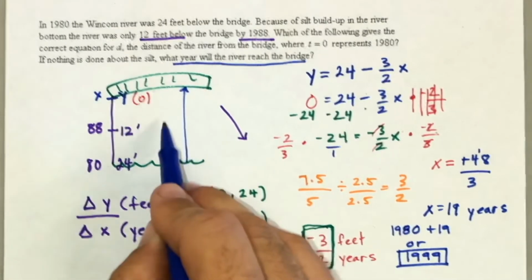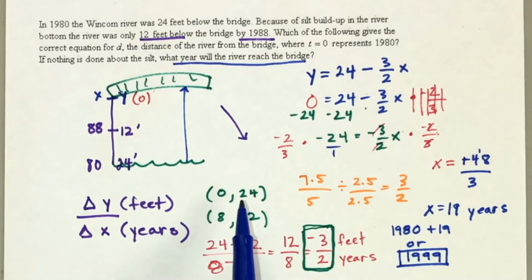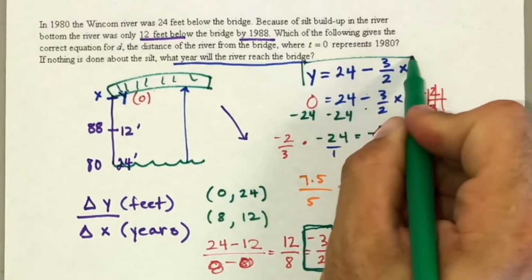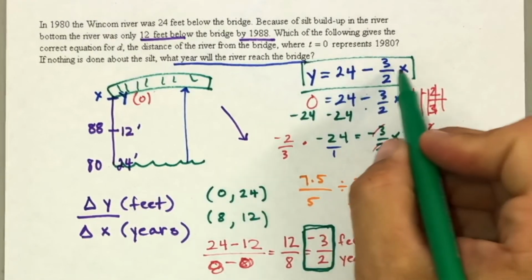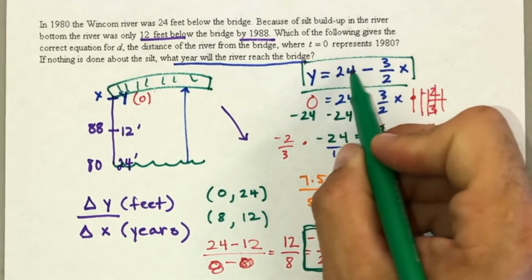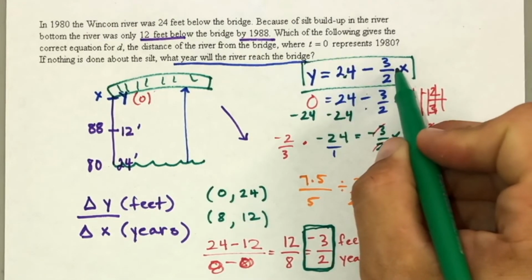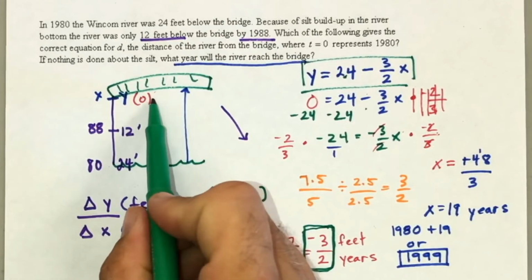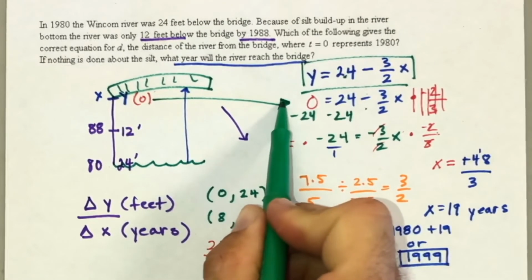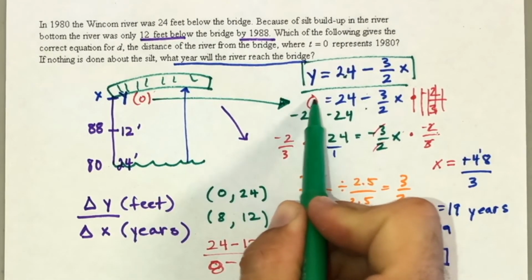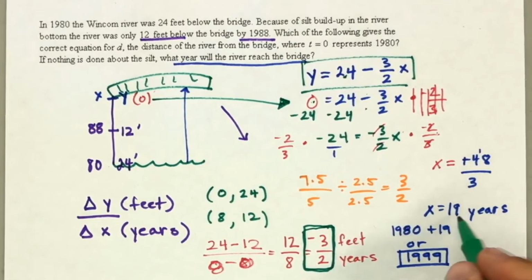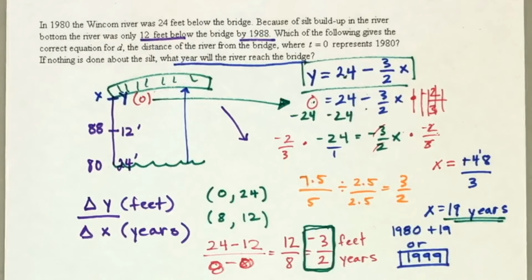And again, the diagram helps you create coordinates, which helps you find a slope, which helps you come up with an equation in which you're subtracting from the amount of feet you started with by the amount of years you have, and then allowing you to plug in 0 for y, because you want to know how many years will my feet be 0, and then coming up for how many years that would actually take.